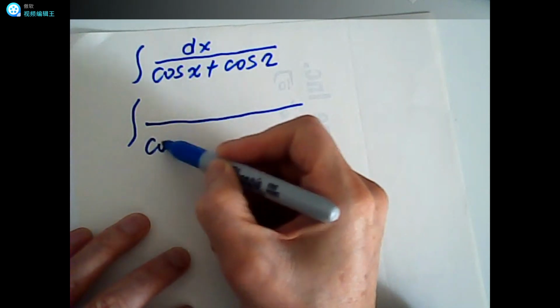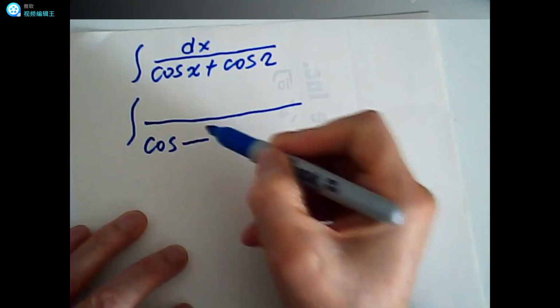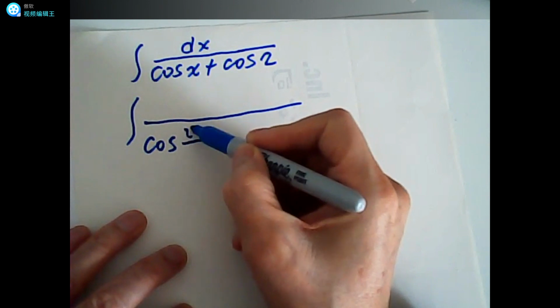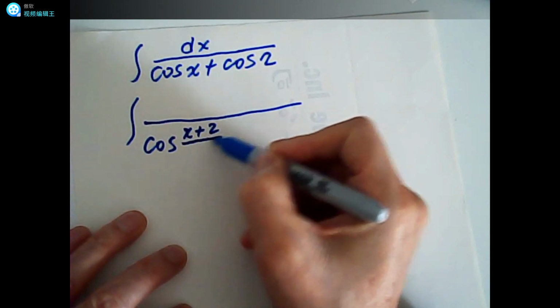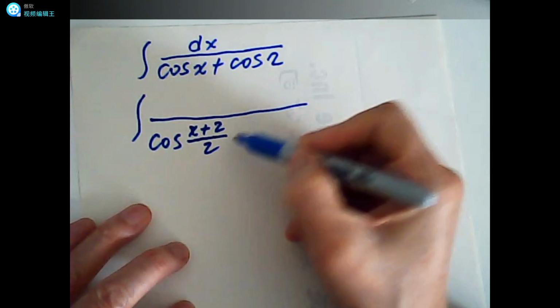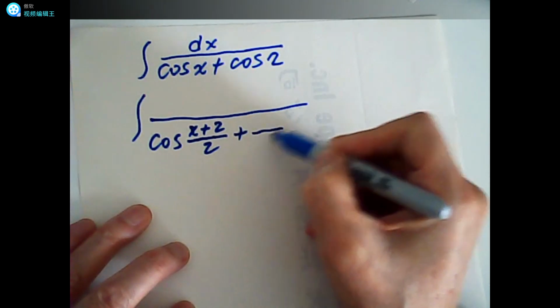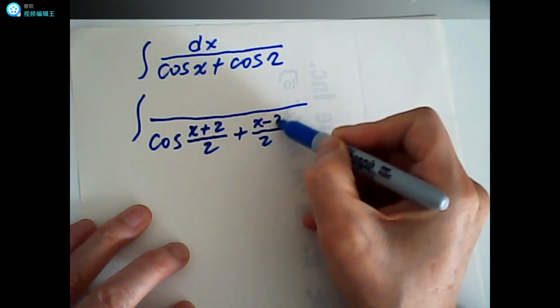This is a cosine (x plus 2)/2 plus (x minus 2)/2.